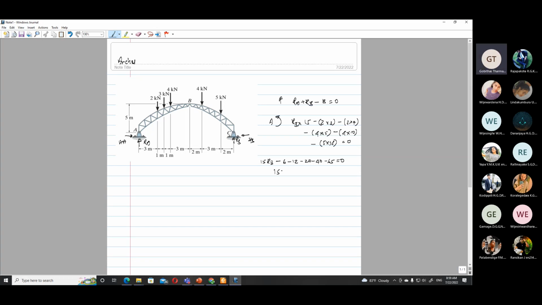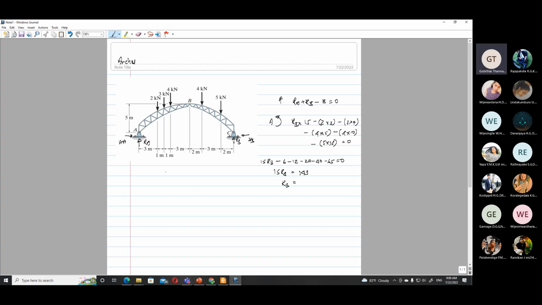So 15 RB is equal to 65 plus 40, 105, 105 plus 20, 125, 125 plus 12, 137, and plus 6, 143. So RB is 143 divided by 15.